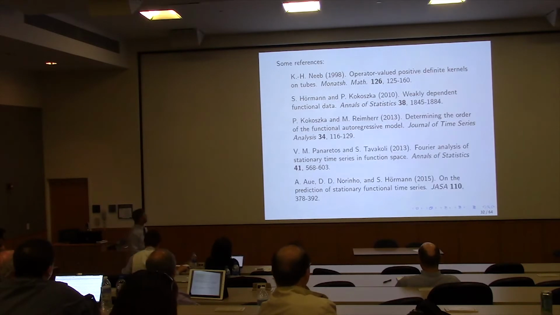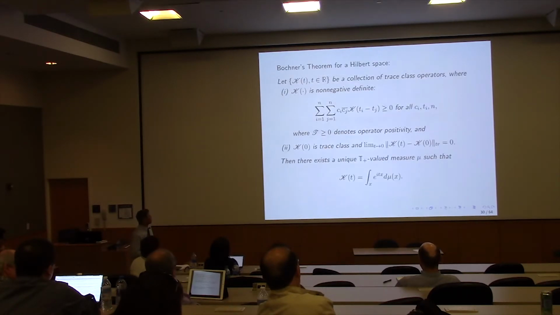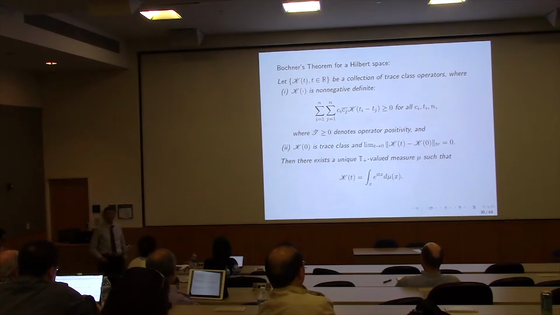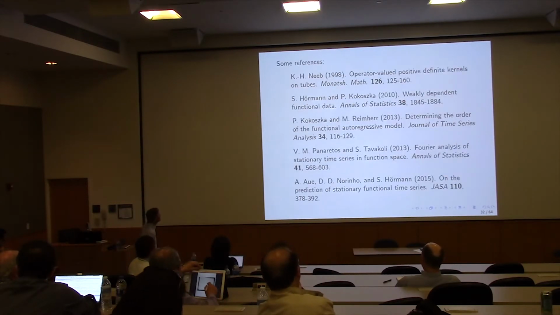We can talk more about this if you're interested. I don't want to bore everybody. Yes. The t x is an inner product, this e to the i t x. Right. So I'm assuming that t is in R. If t is in R^d, then this is going to be an inner product. Trying to make the notation simple.